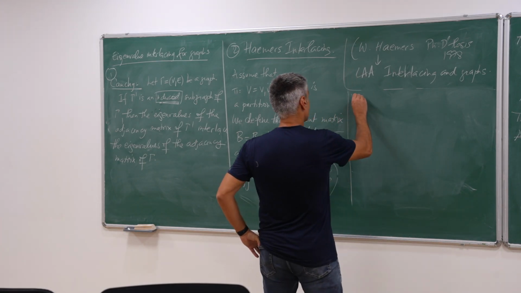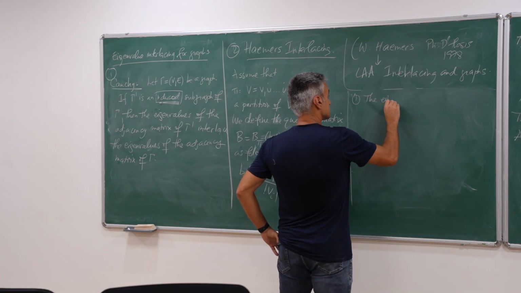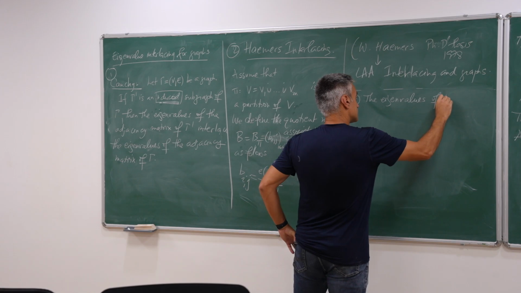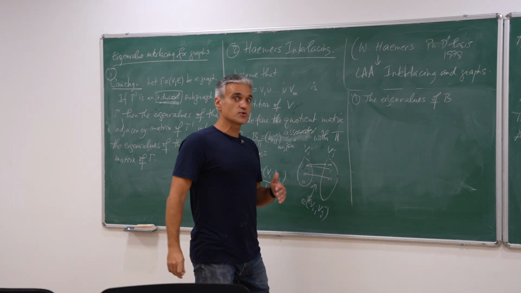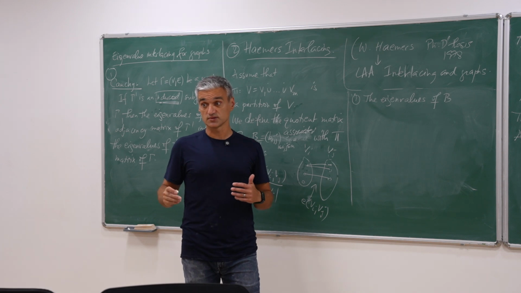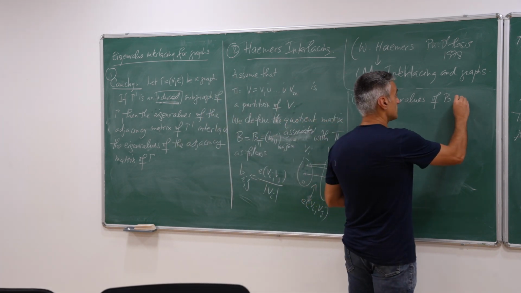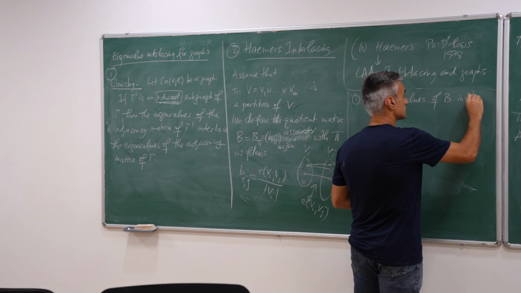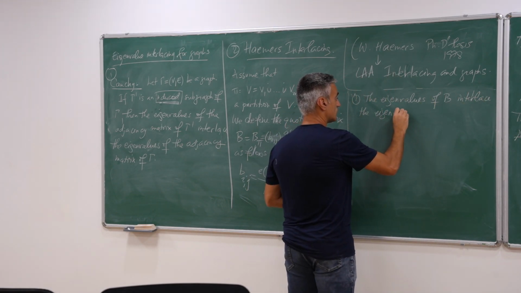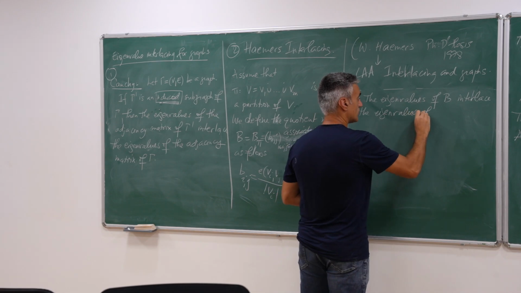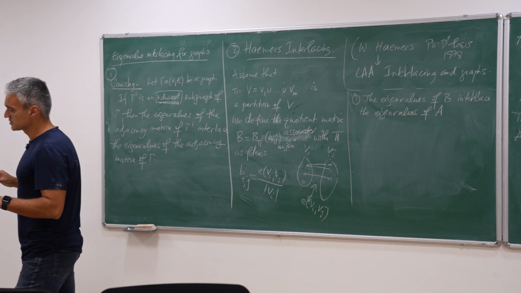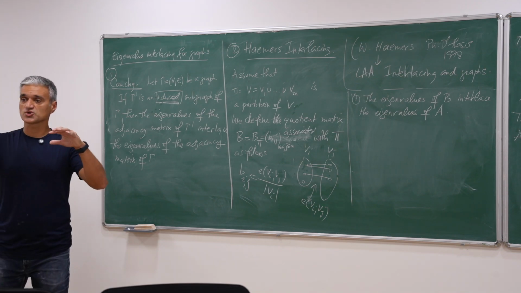Now what will happen is, even though B is not symmetric, it can be shown that it's similar to a symmetric matrix. So B will have real eigenvalues. The eigenvalues of B interlace the eigenvalues of A. So the way you should think about it is, you have some kind of structure in your graph.